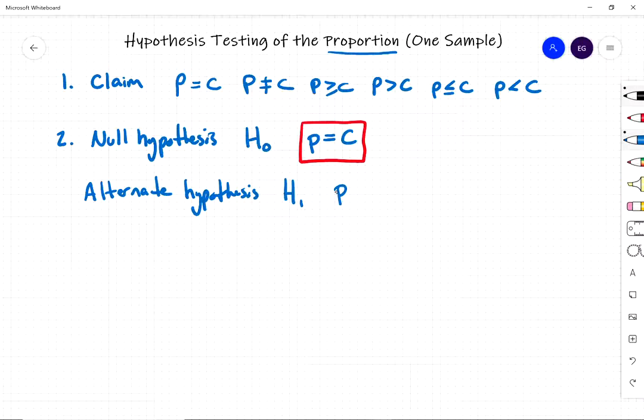So it can't be an equal sign. It can't be a greater than or equal to sign. It can't be a less than or equal to sign. So your alternate hypothesis is either going to be the statement proportion is not equal to this number C, the proportion is greater than this number C, or the proportion is less than this number C. Right? So those are the three options for the alternate hypothesis.